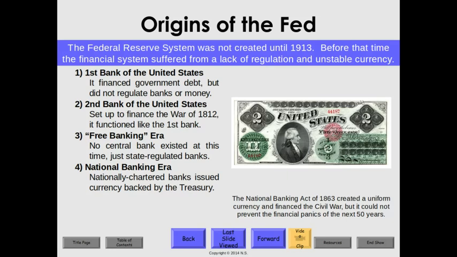That gives way to the national banking era. At this point, they establish nationally chartered banks issuing currency that's backed up by the Treasury, so that it's guaranteed to be there. That's a way of reassuring their patrons that, hey, your money's safe with us. It's backed up by the Treasury.